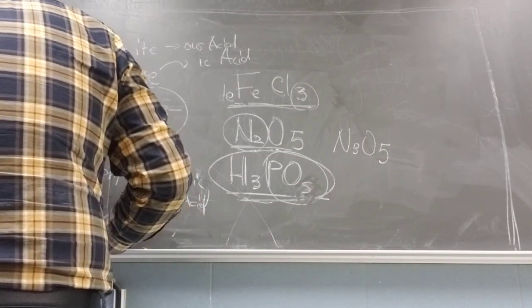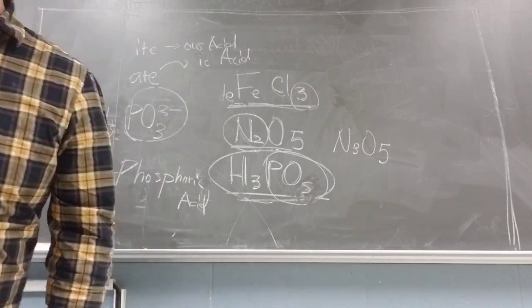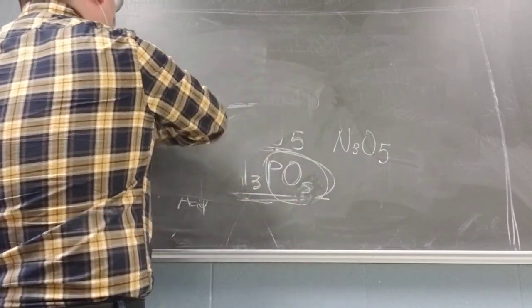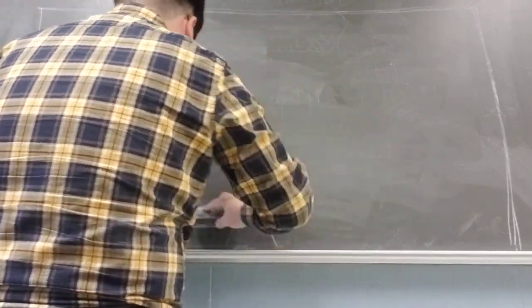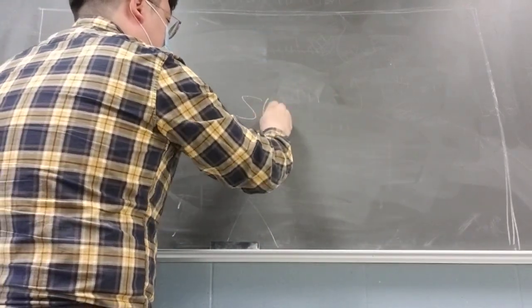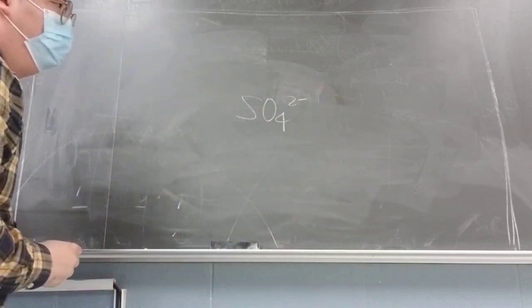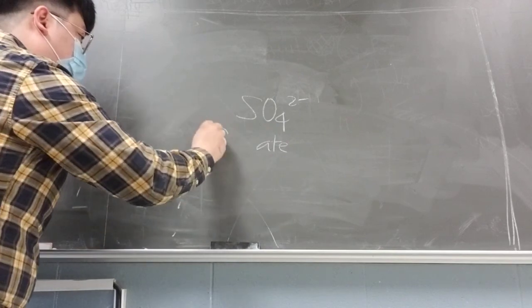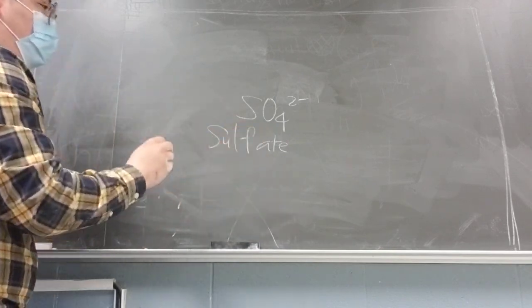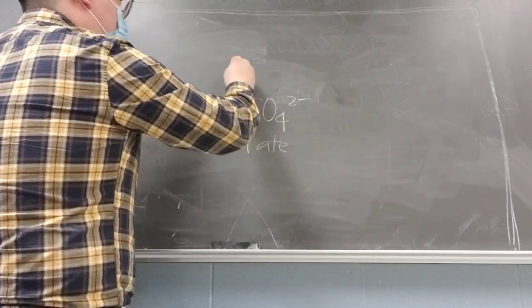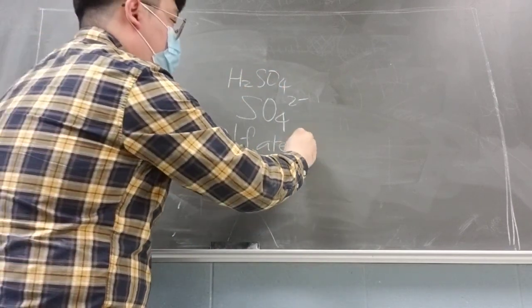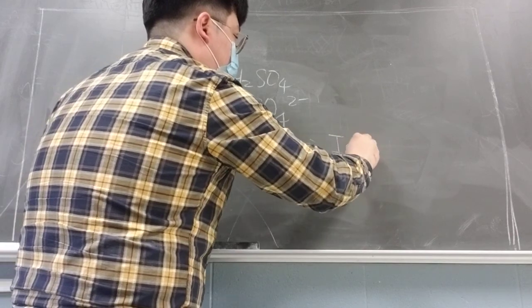So let me give you one more example real quick and move on. So this is the sulfate, ATE. Sulfate. And then you have maybe H2SO4, and you just need to change it to IC acid, right?